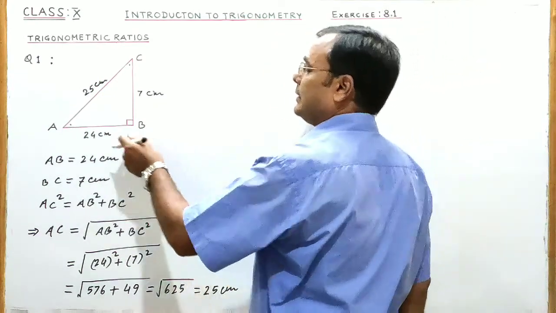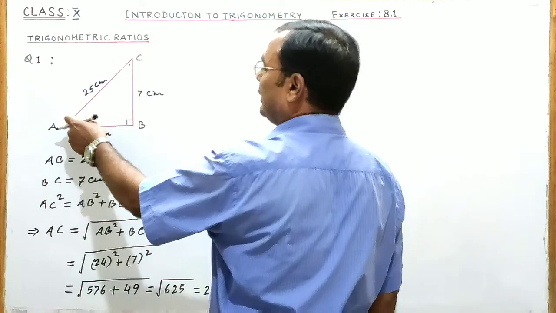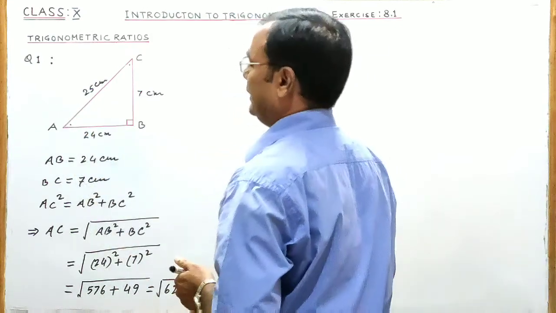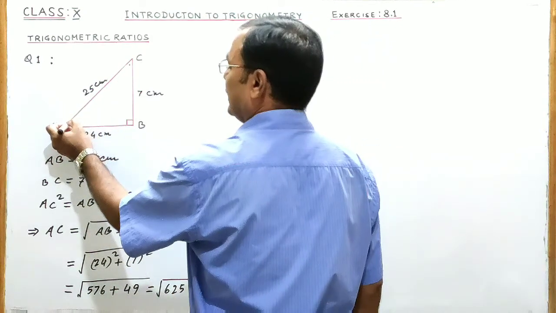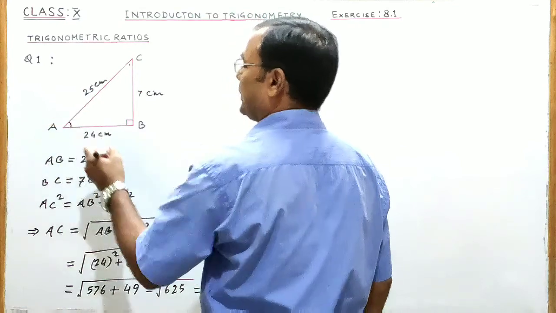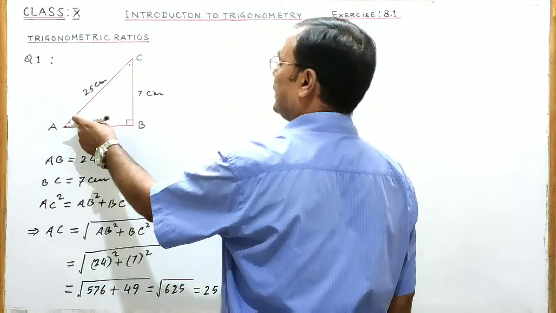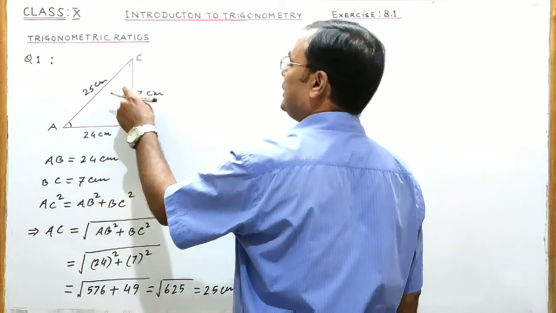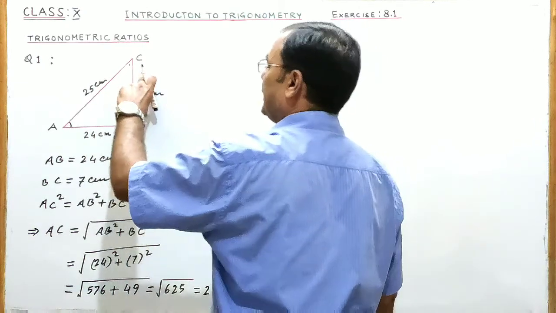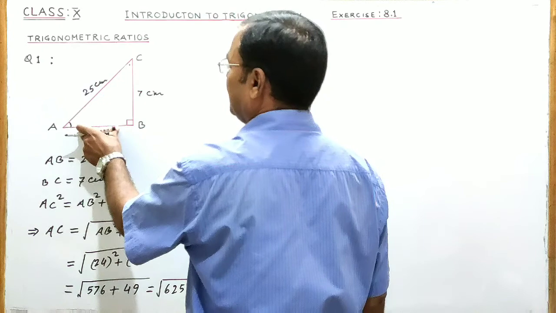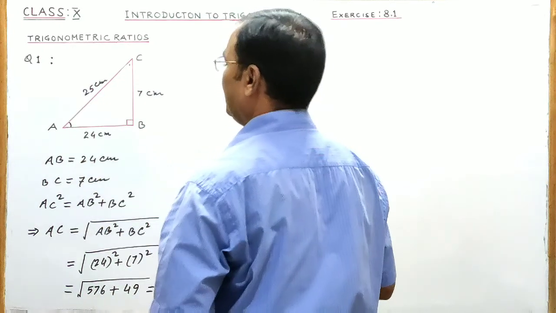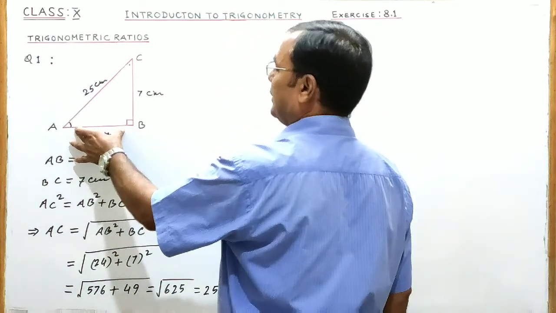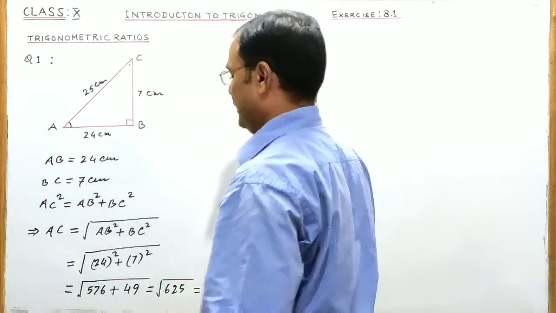Now we can write sine of angle A, cos of angle A. We are considering here acute angle A, and for this acute angle A, opposite side BC will be treated as perpendicular, and side AB adjacent to angle A will be treated as base of this right angle triangle.